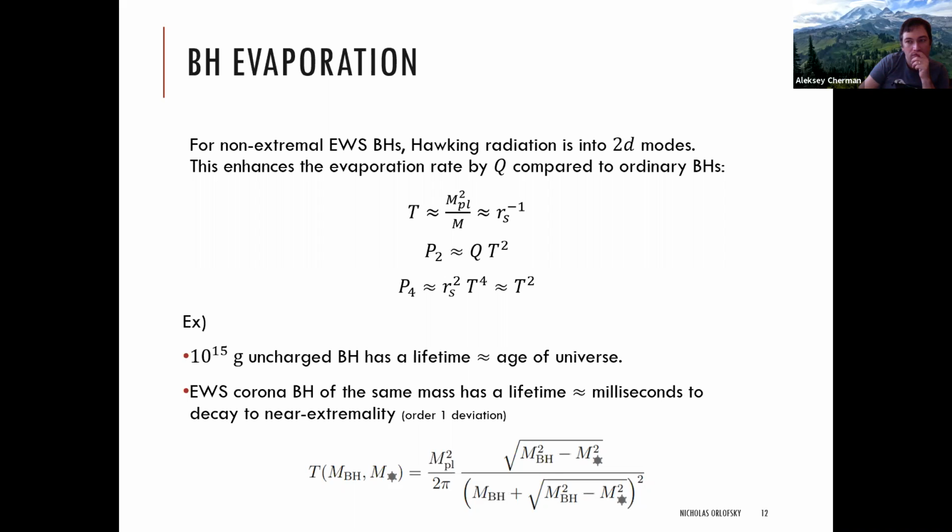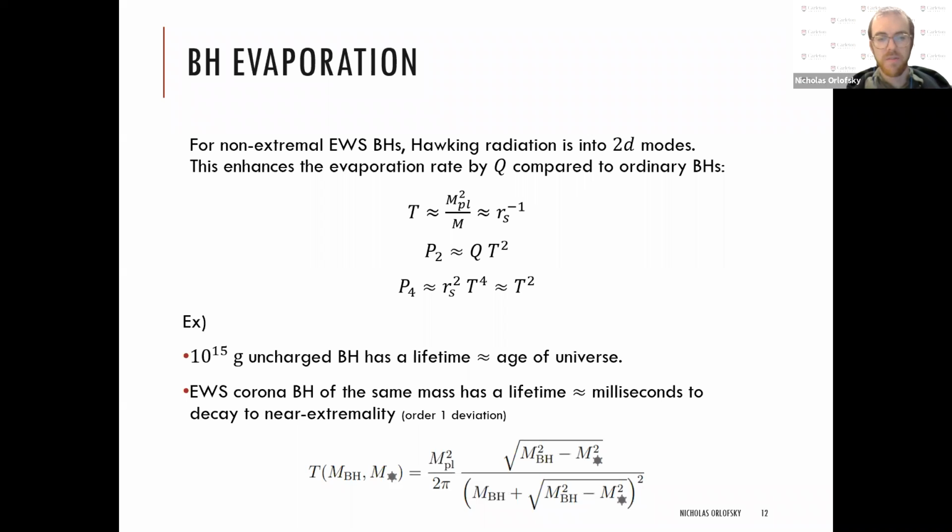So this is essentially why at the beginning I started out by talking a lot about extremal black holes, because the Hawking radiation is so much quicker. It's much easier to get to these extremal states.